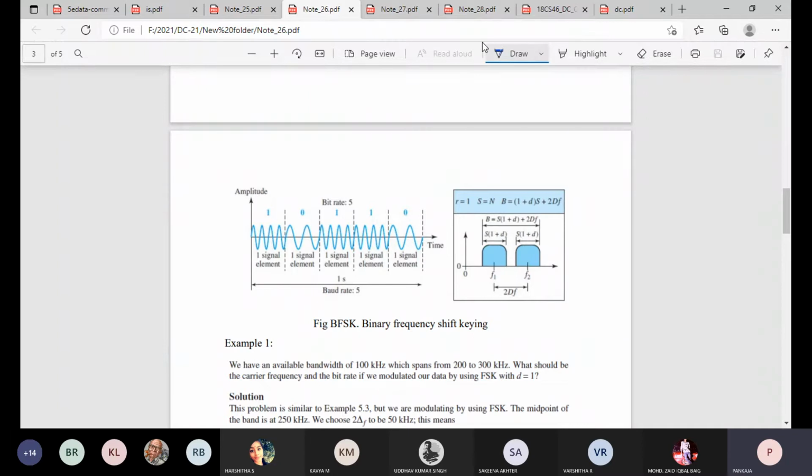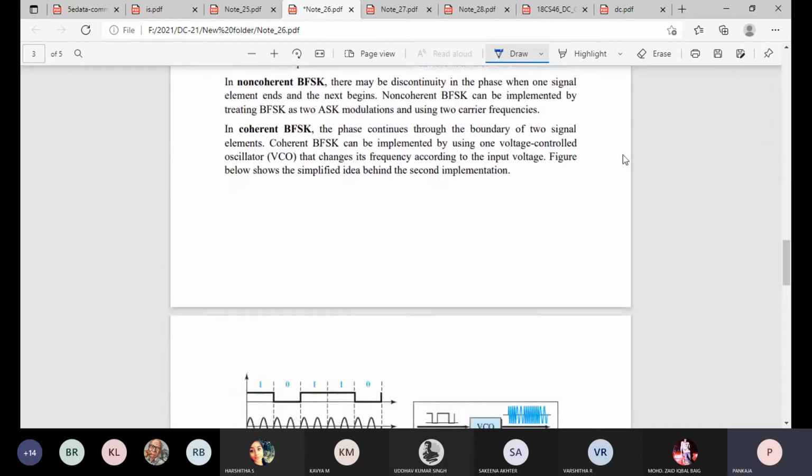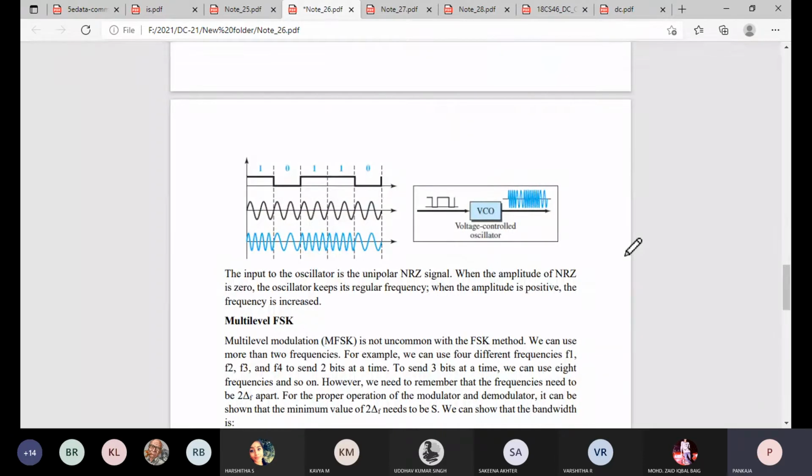So that we discussed yesterday, and we also solved some problems. This white color distance indicates delta f. So how is this implemented? How can you make the output come with two different frequencies?